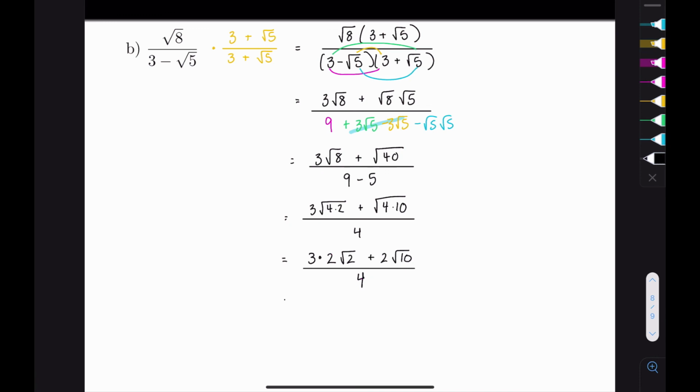But I'm going to go ahead and factor the 2 out so you can see that what's left over is 3 root 2 plus root 10 divided by 4, and then 2 divided by 4 simplifies to 2. So the furthest we can simplify this is 3 root 2 plus root 10, all divided by 2.